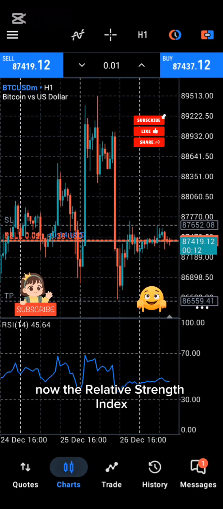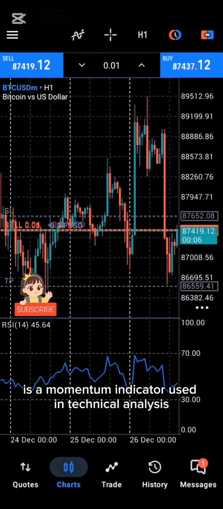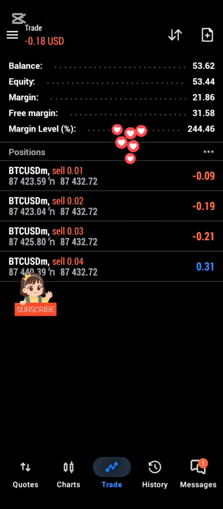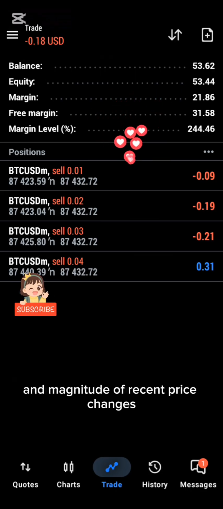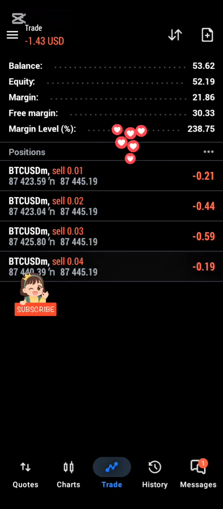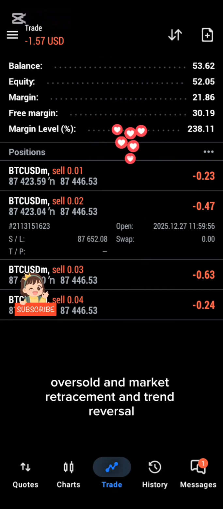Now, the relative strength index is a momentum indicator used in technical analysis to measure the speed and magnitude of recent price changes. It basically helps traders identify overbought, oversold, market retracement and trend reversal.